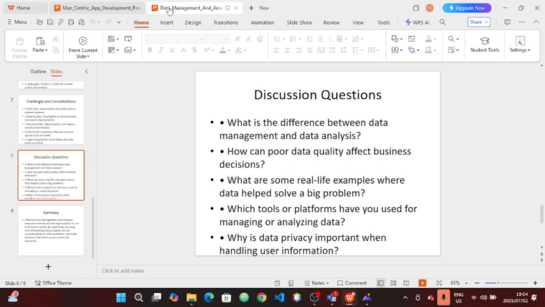Okay, thank you for that example and also explaining it. On the third question, what are some real life examples where data helped solve a big problem? What are some real life examples?